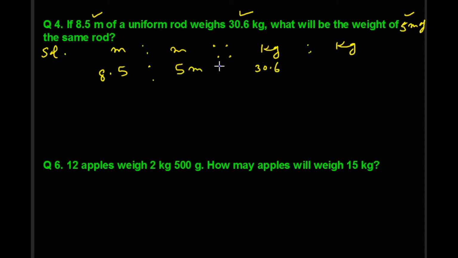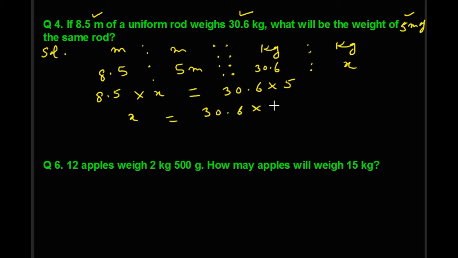We have to find the weight of 5 meter. Here we will proportionate it. Here we will put x. So product of extremes, 8.5 multiplied by x will equal 30.6 multiplied by 5.